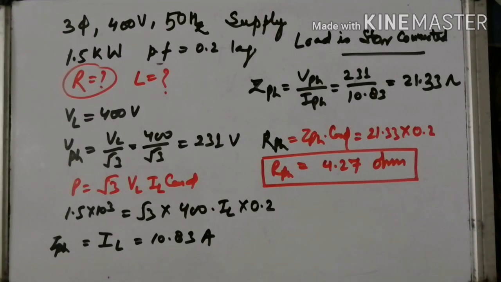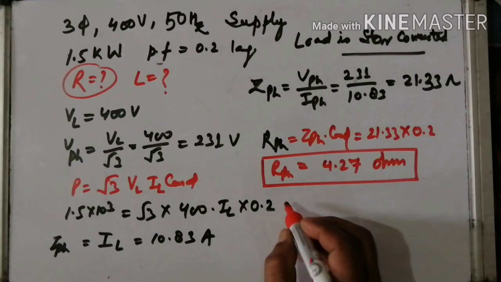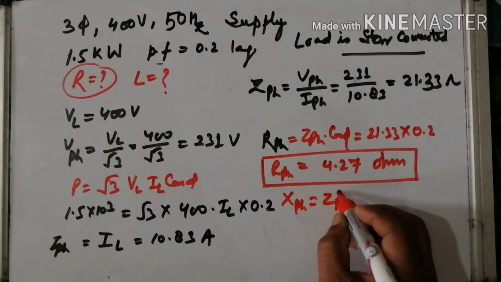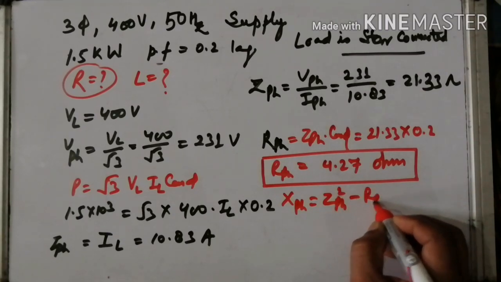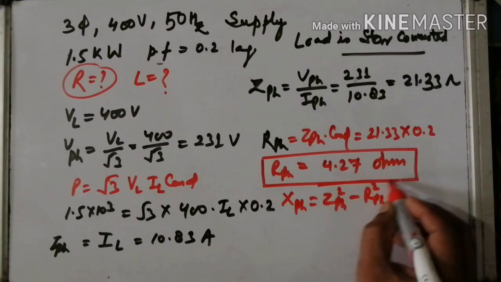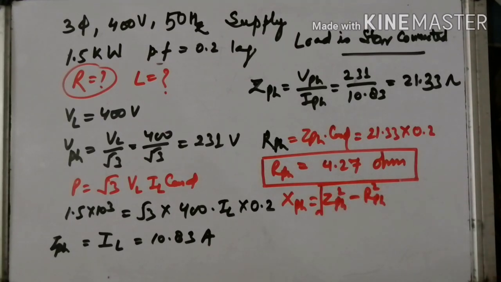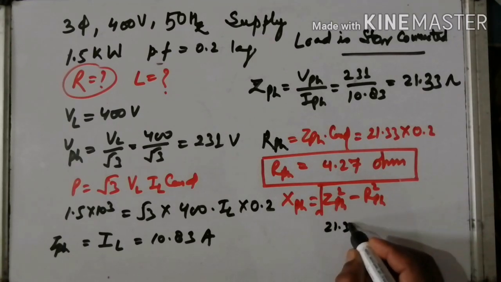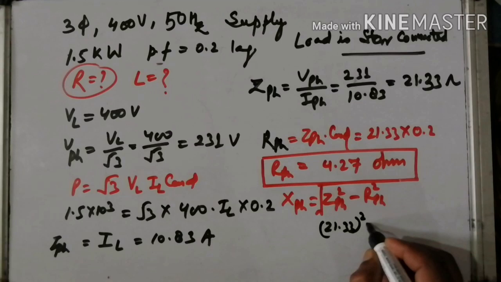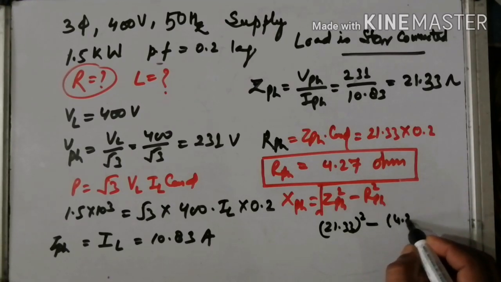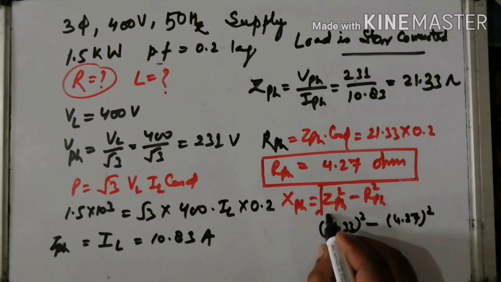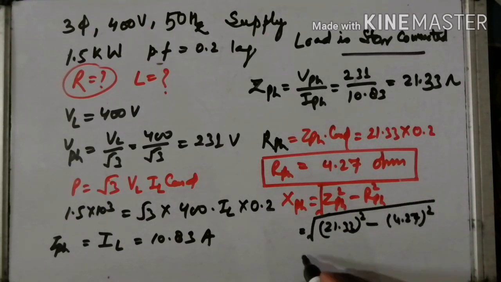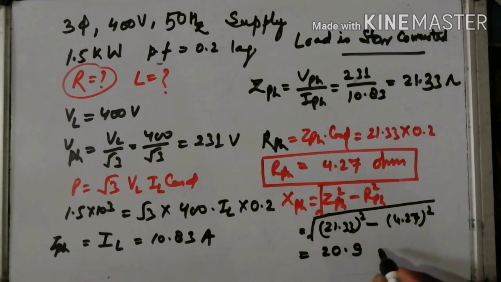Now for the calculation of L, first of all calculate XPH, which is nothing but the square root of ZPH squared minus RPH squared, that is 21.33 squared minus 4.27 squared, with the square root. After the calculation it is 20.9 ohm.